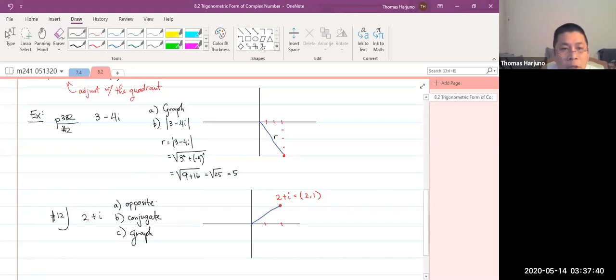The opposite will be the negative of 2 + i, which is negative 2 minus i. Now, if I sketch the graph, the position of negative 2 minus i will be 2 to the left and 1 unit down.